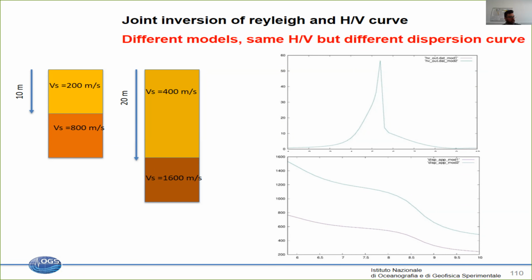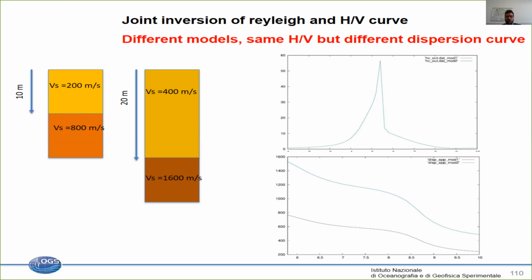But last time we also introduced the method working with arrays, and we immediately see that the dispersion curve can have a different sensitivity with respect to the H over V on the underground structure.